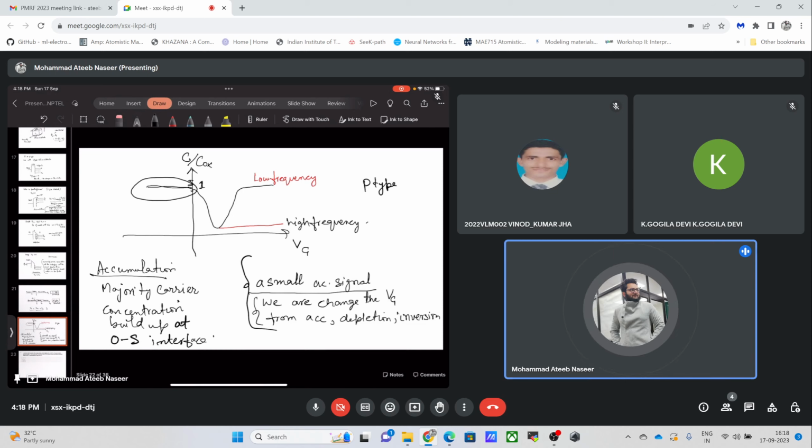But when we apply this AC bias over it, we will see that this results in a negative charge, for example, on the gate side, and this depletion region widens a bit. So when this is happening, we are having depletion capacitance as well.